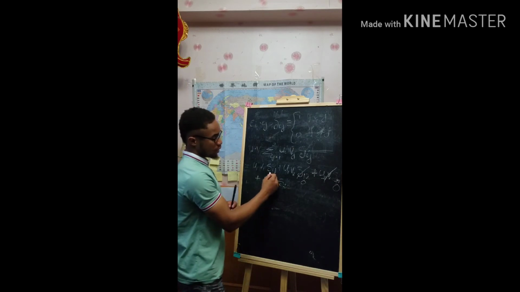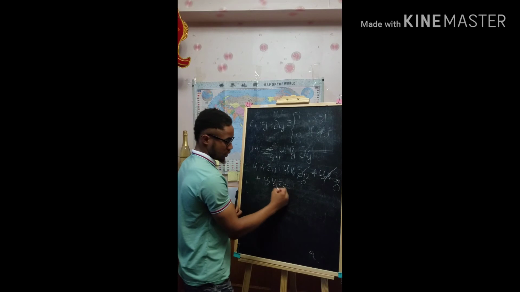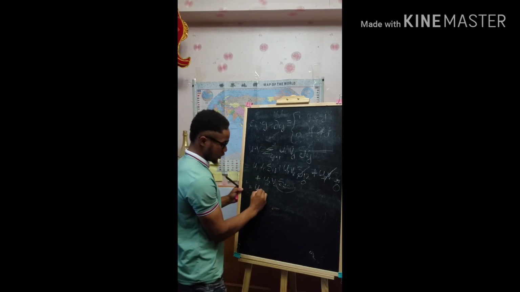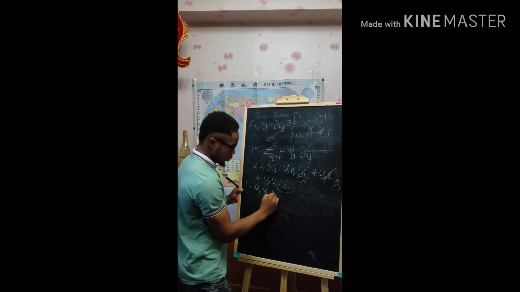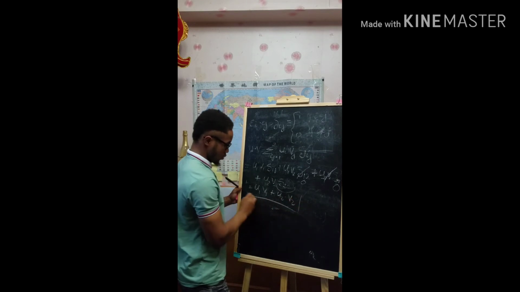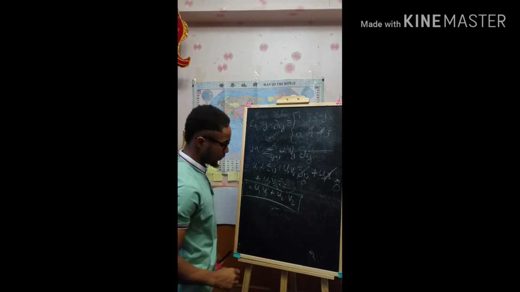Kronecker delta 1 1 is 1, and this one is also 1. So the final solution is U1 V1 plus U2 times V2.